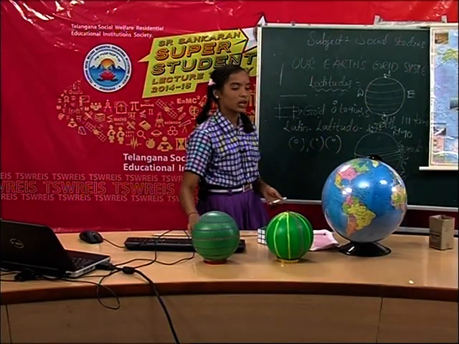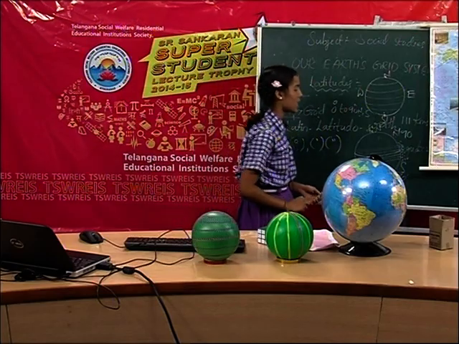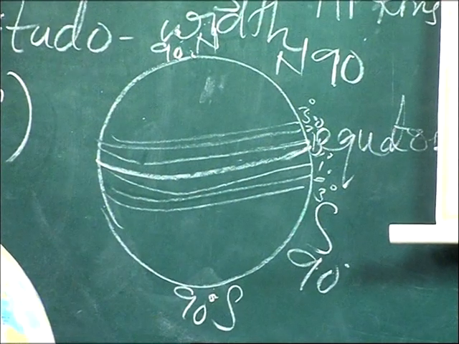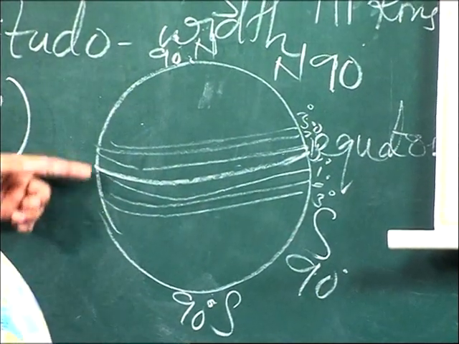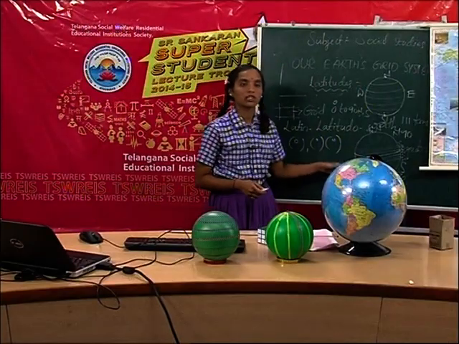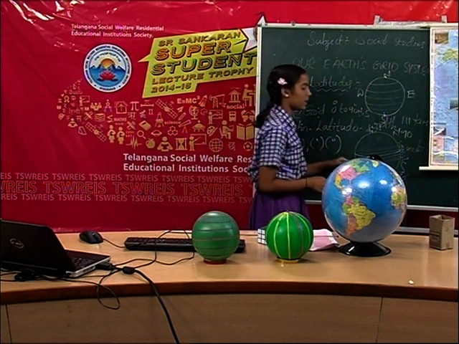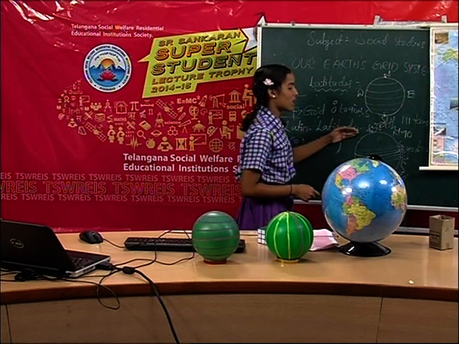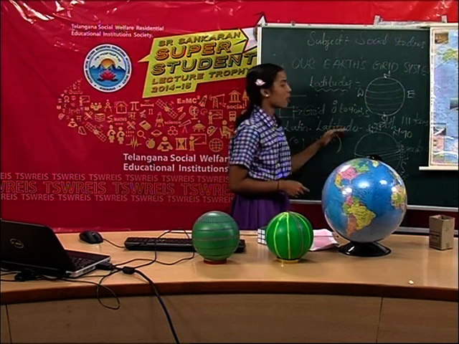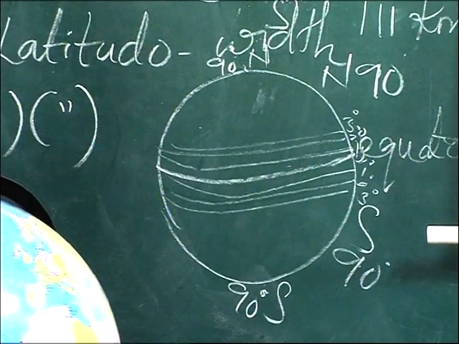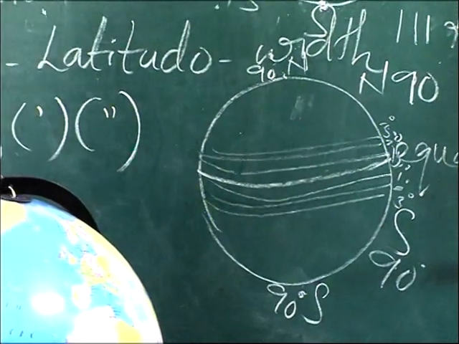This 0 degree latitude equator is the longest latitude among all these latitudes, and sometimes it is also called a great circle. Totally there are 181 latitudes, and some of these latitudes have special names. Friends, now let us know the special names of the latitudes.